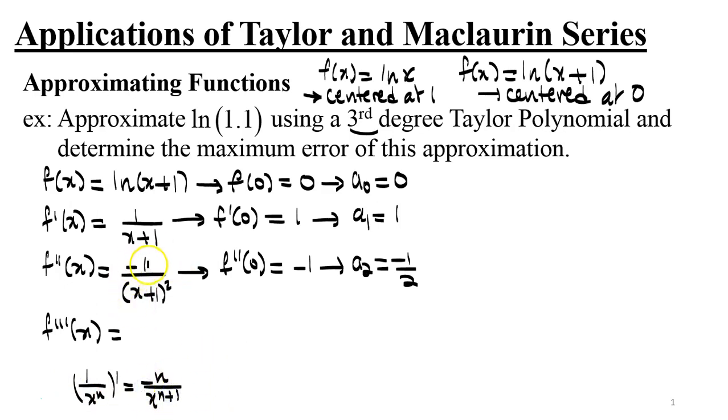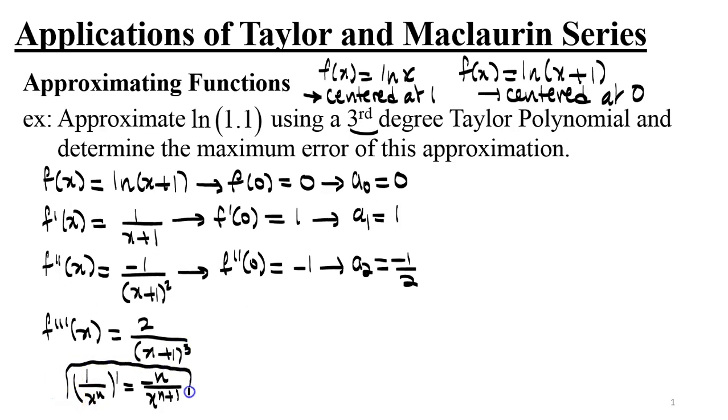So over here I have it in the form 1 over u squared. So the derivative is negative 2 over x cubed for n equals 2, and of course times u prime, where u is x plus 1, so u prime is 1. So negative 1 times negative 2 would give you 2 over x plus 1 all cubed.